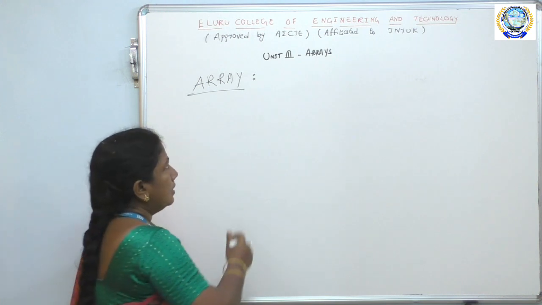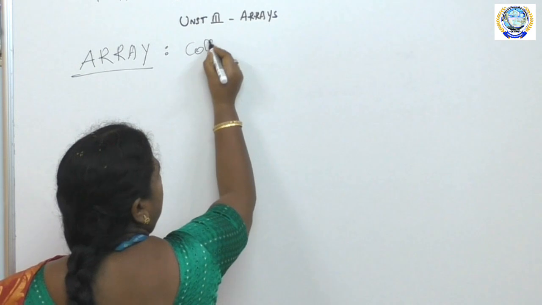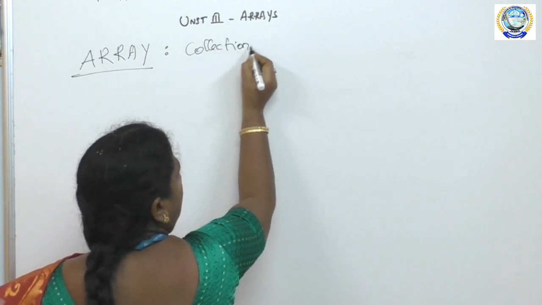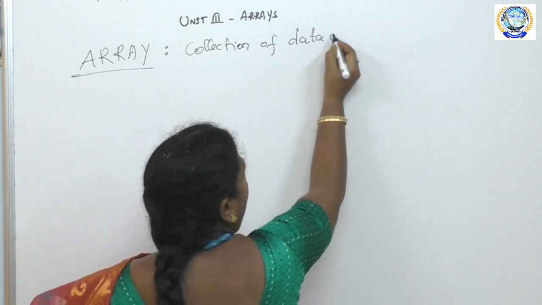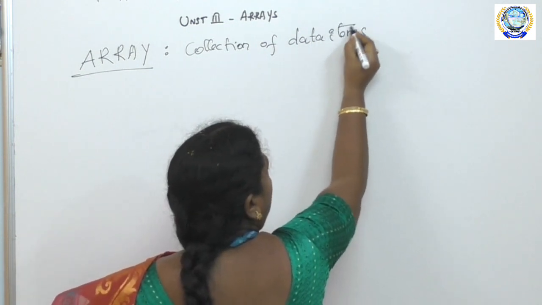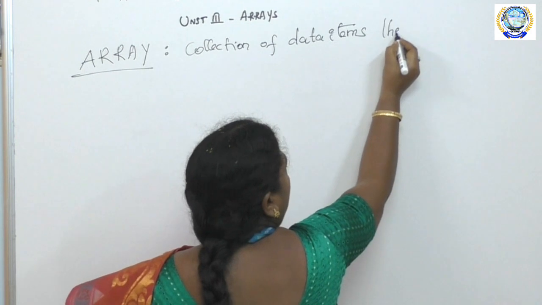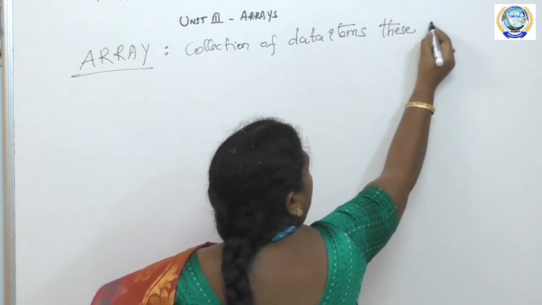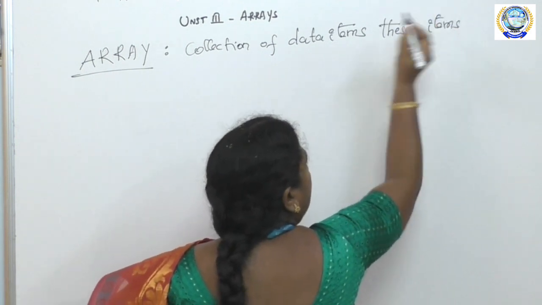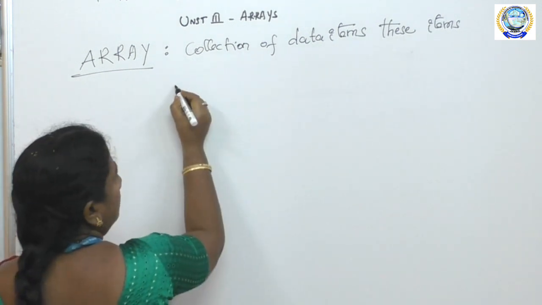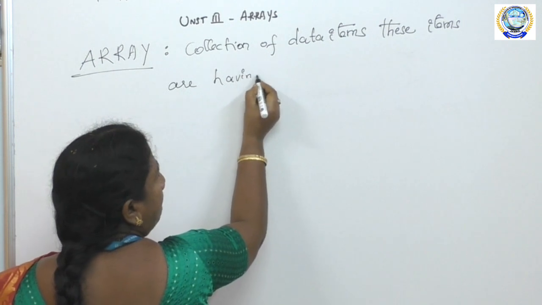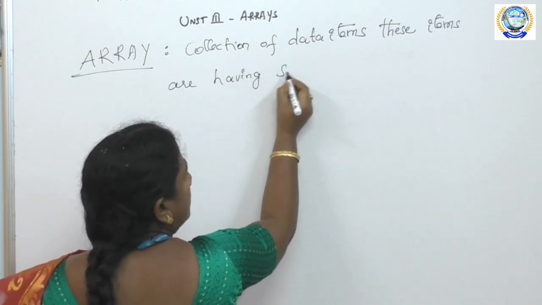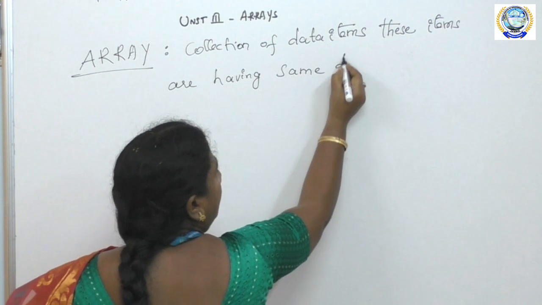So, array is a collection of data items, these items are having same data type.